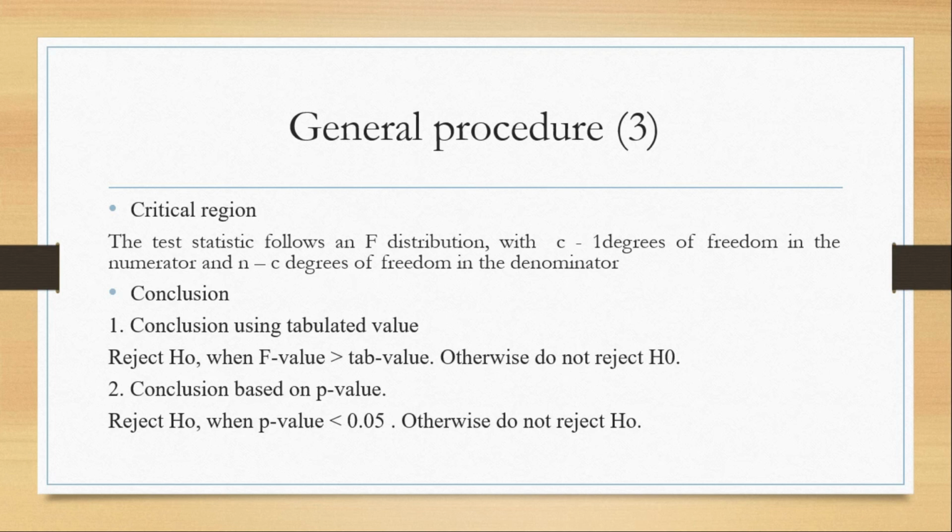So we will reject H0 if the F calculated value is greater than the tabulated value, and if we are doing the analysis on any software, then we conclude our results on the basis of p-value, that we reject H0 when our p-value is less than alpha.